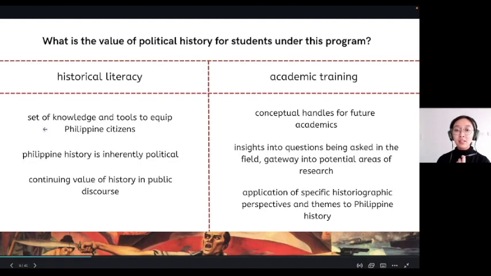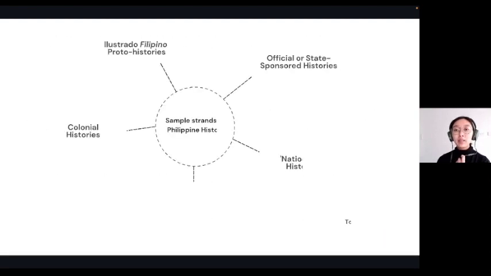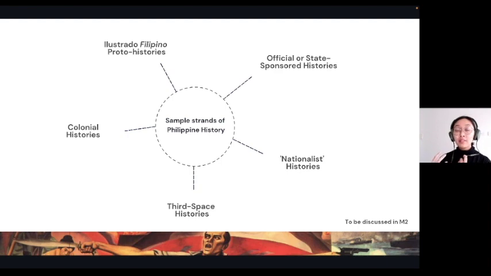All of this is going to be discussed in Module 2. But they're basically themes that have been applied in answering the question, how has history been used in the Philippines as a political tool or a political topic? Parang ganun. So, we'll talk about that more later, no? Pero yun yung point.